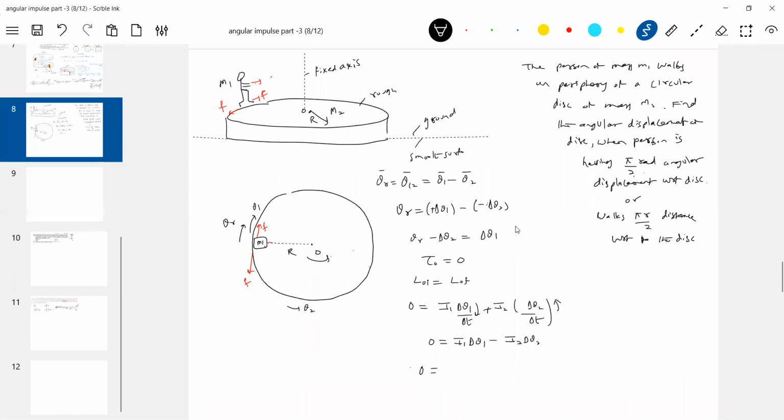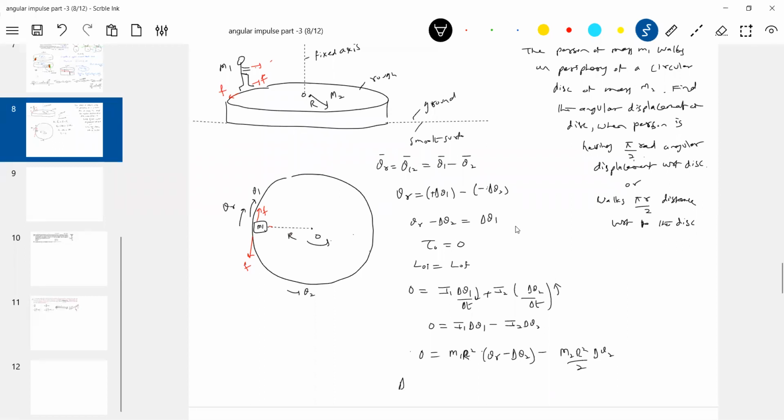Okay, let's substitute everything. What is the moment of inertia of the person? M1 R square, times delta theta 1, which is theta r minus delta theta 2. Moment of inertia of the disk, M2 R square by 2, times delta theta 2.